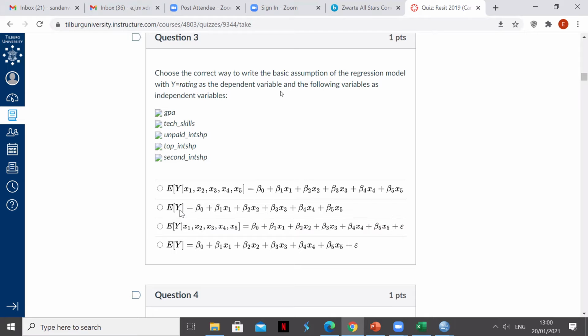You always need the given x's, and that's only included here. But I already said that this one is wrong, so it must be this one. And why is this one wrong? Well, it doesn't include the given x's, and it includes the error term, which, if you have the expected value of y, should be 0. So it can't be this one, it can't be this one, it can't be this one, it has to be this one.